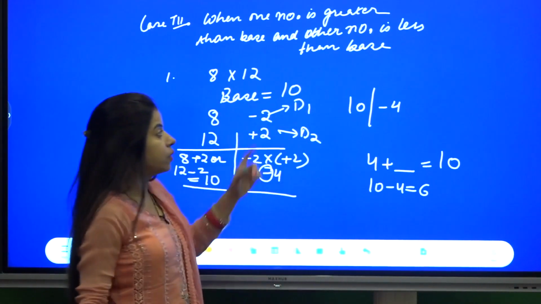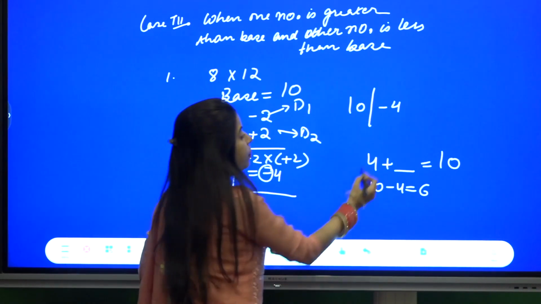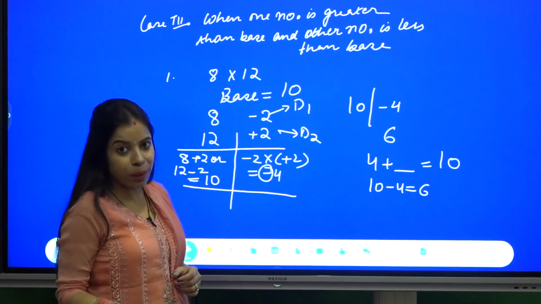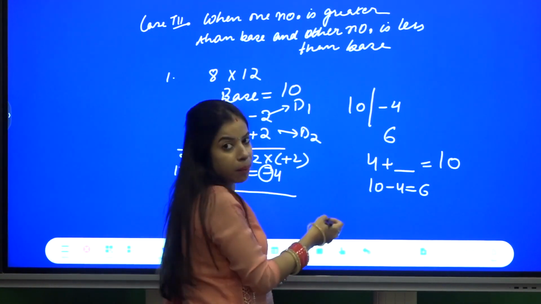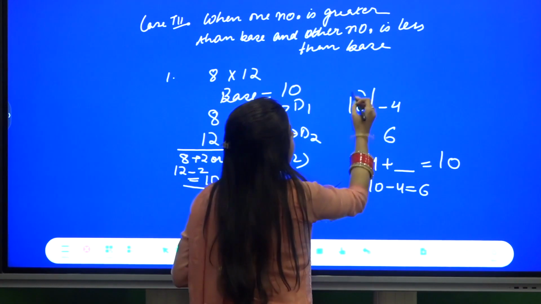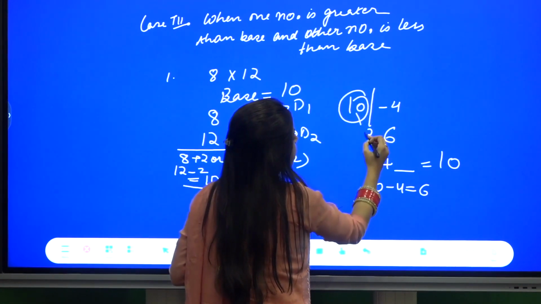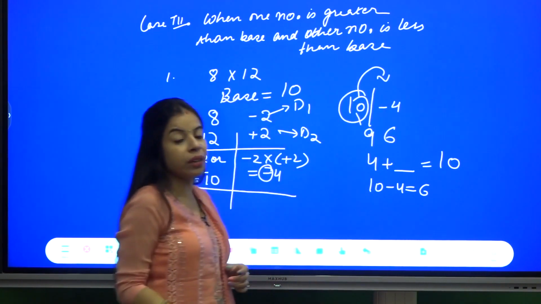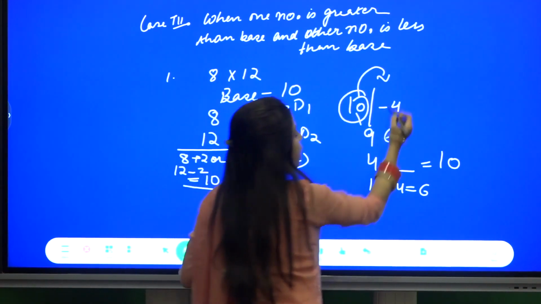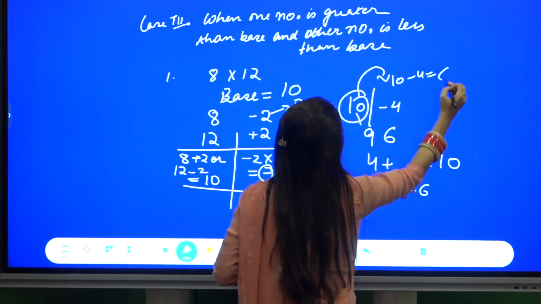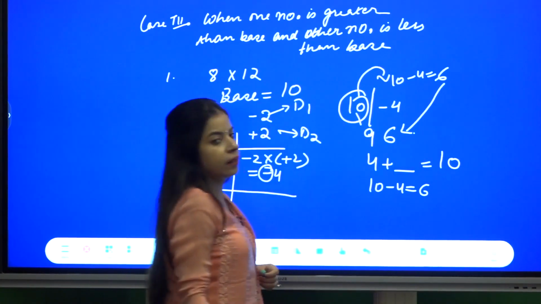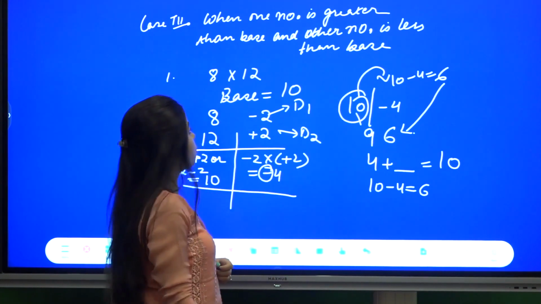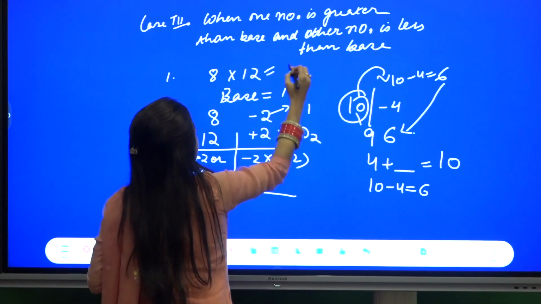So minus 4 will become 6, and since for writing the complement we are borrowing one from the left, 10 minus 1 will become 9. So the answer is 96.